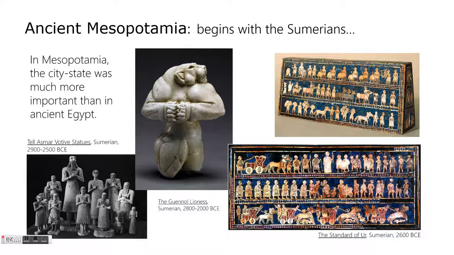We see a lot of different kinds of styles in Egyptian art. Egyptian art was dominated by certain kinds of conventions that we just saw, kind of solidified and then used over and over again. And in Mesopotamian art, we see a lot of different conventions, conventions abandoned, conventions restarted.